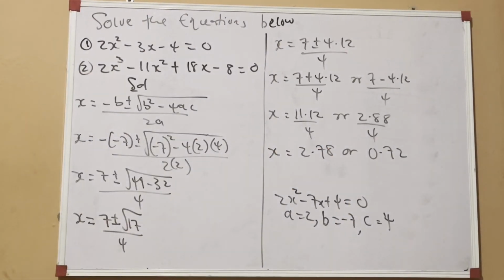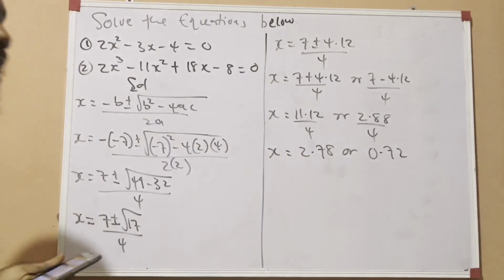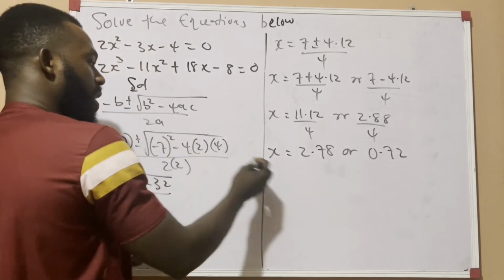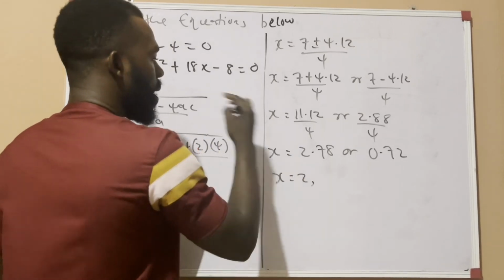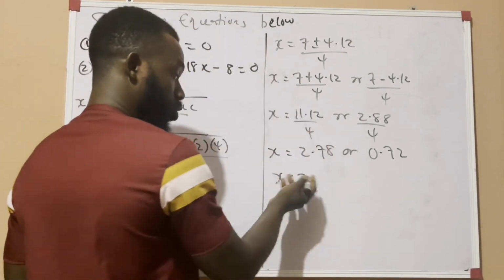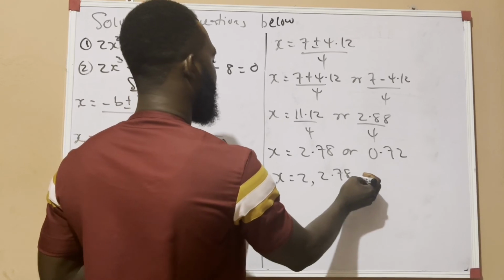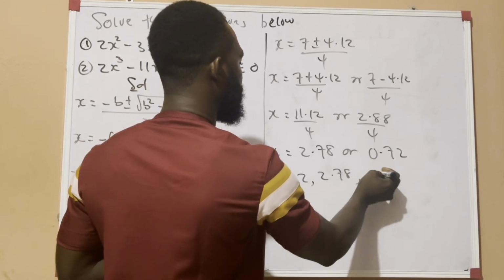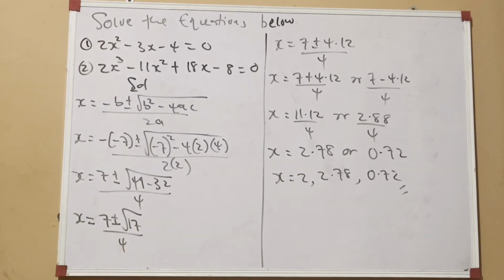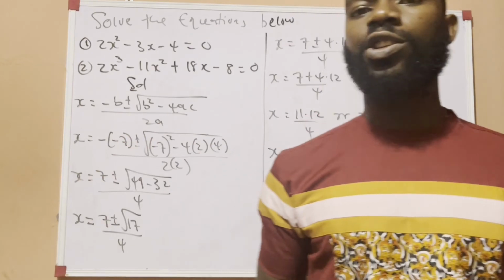Okay, so therefore our answers for the 3 roots: first we got x is equal to 2, second is 2.78, and lastly 0.72. So this is how we arrive at the answers for x in question number 2.